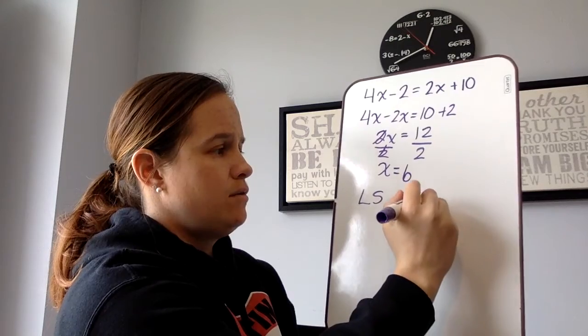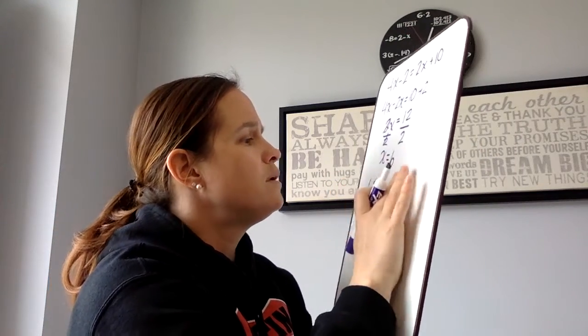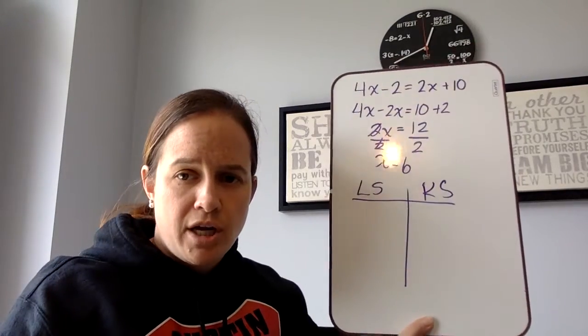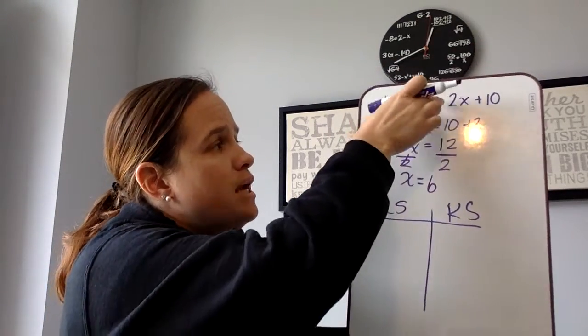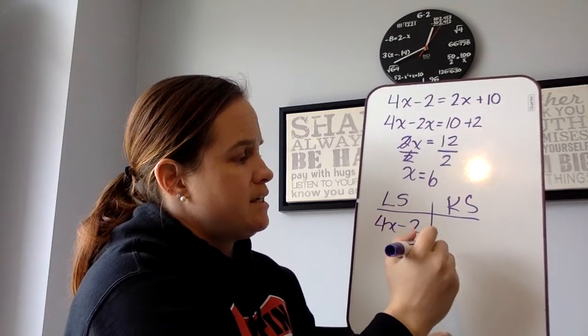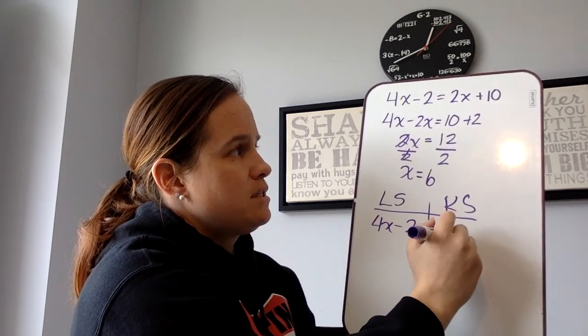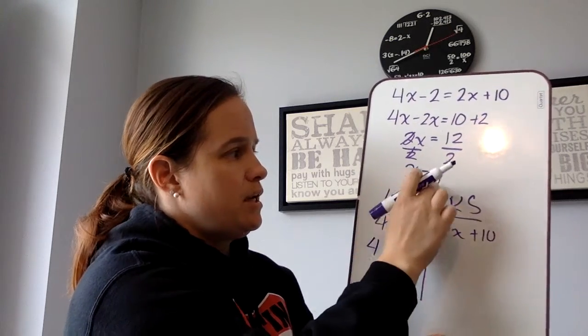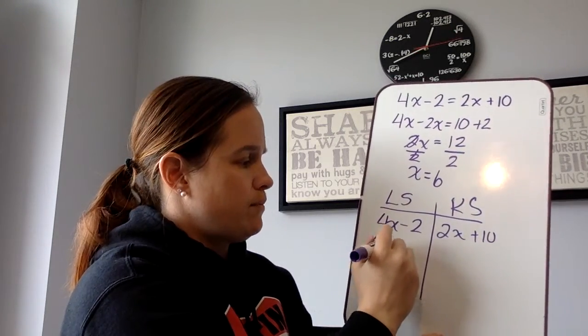Left side and right side. So you have to set up a check that looks like this. You take your original equation, everything on the left, you write it as it is. Everything on the right, you write it as it is. Then you start subbing in your x value.